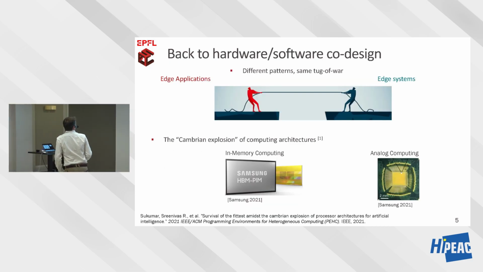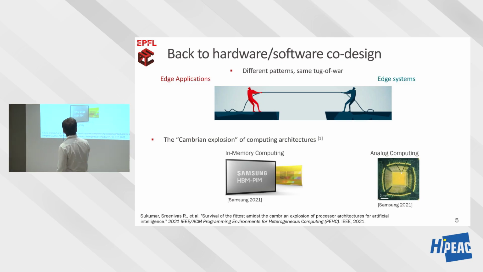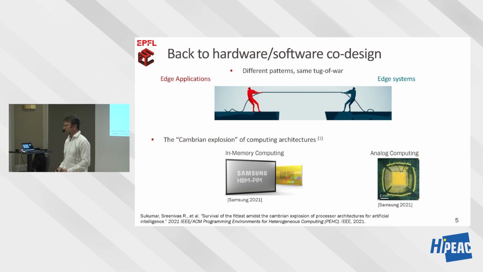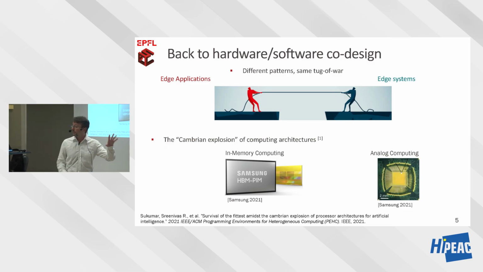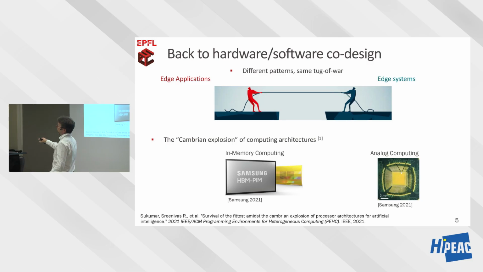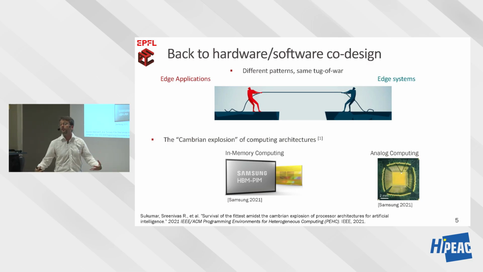So we are back to the hardware-software co-design pattern, in which we have edge applications and edge systems, and these have contrasting demands. Edge applications would like to become more and more complicated. Edge systems would like to be more and more efficient. So domain-specific specialization is what allows us to marry those two requirements.